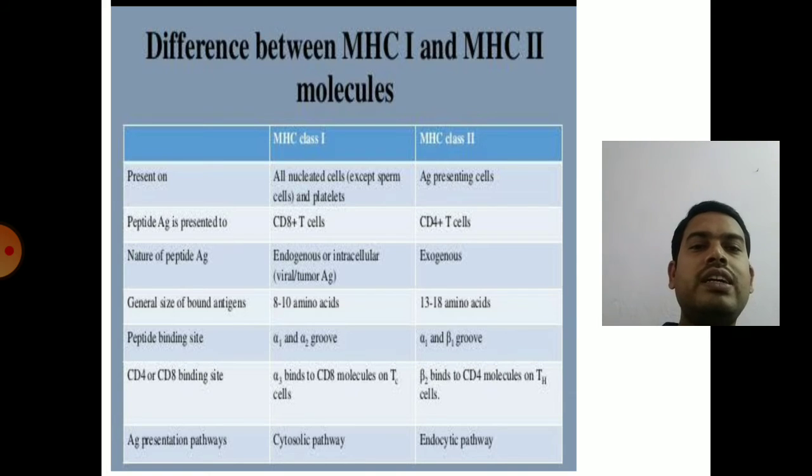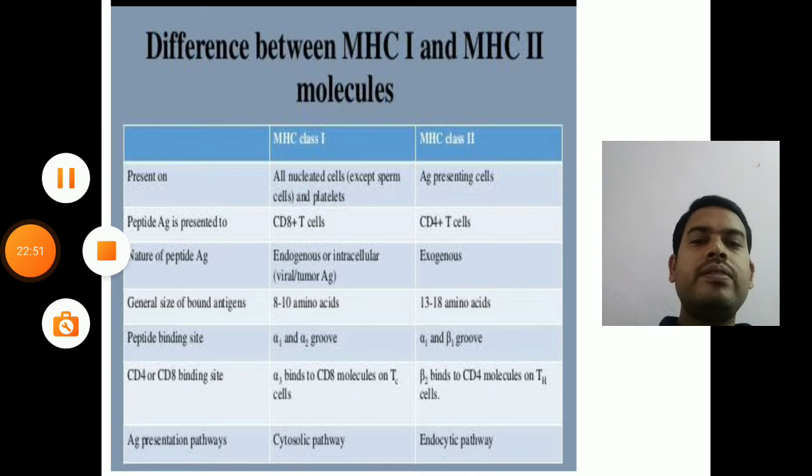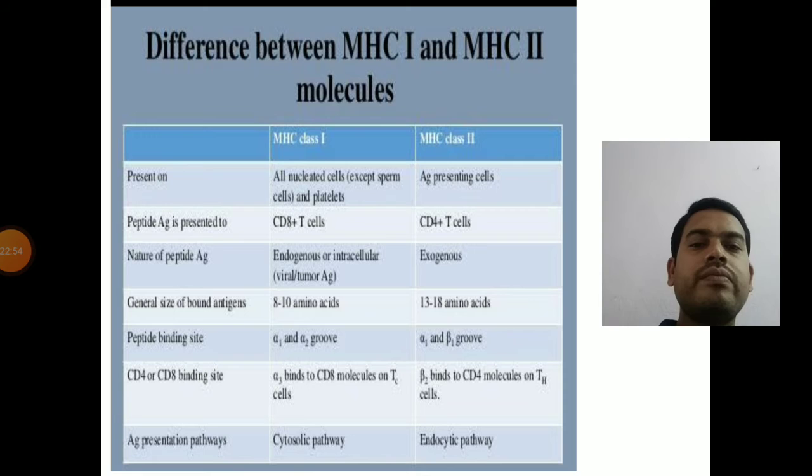So all nucleated cells contain class 1 MHC molecule. Only antigen presenting cells contain class 2 MHC molecule. Class 1 MHC molecules present antigen to CD8 receptor containing T cells, that is T cytotoxic cells. Class 2 MHC molecules will present antigen to CD4 receptor containing T helper cells.